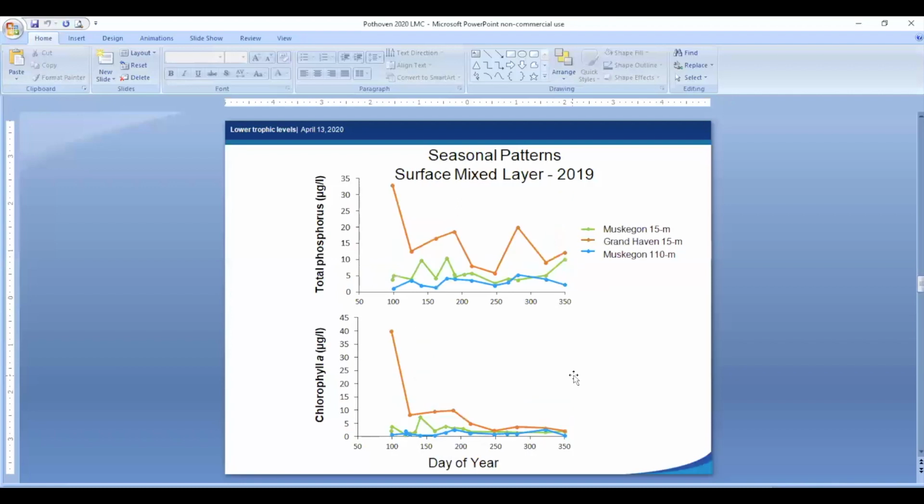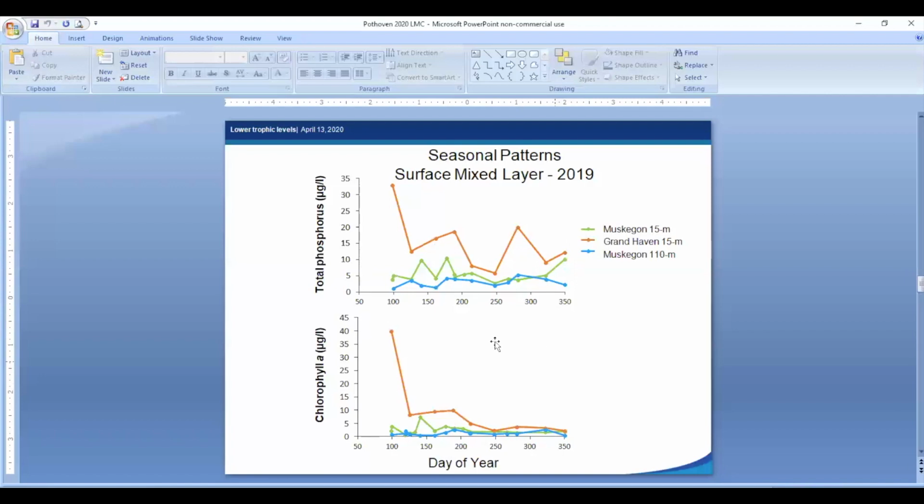Then to make things really interesting, we'll pull up that Grand Haven site. We didn't see much of a change in 2019 during May at that Grand Haven site, but what we did see is that in our April sampling, we had just incredibly high total phosphorus and chlorophyll. 2019 was a year of really high runoff, really high flow. And you can see quite a few episodes of inputs, even as late as December, of phosphorus coming into the lake.